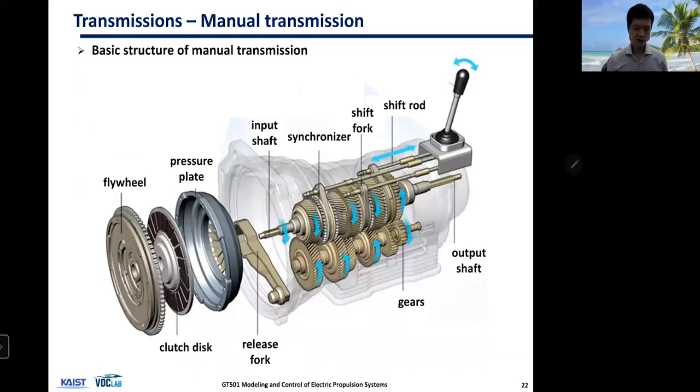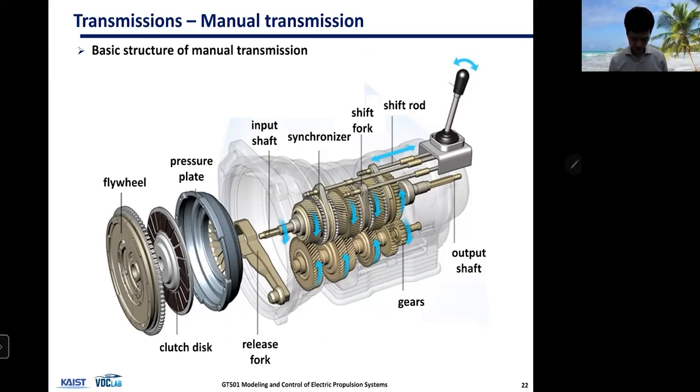Let's take a closer look at transmissions. Let's first take a look at manual transmission. Manual transmission has a simpler mechanism. Usually manual transmission is equipped with a manual clutch.